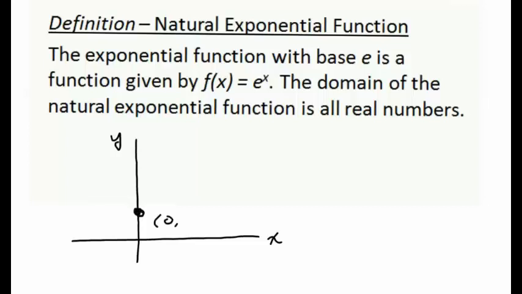So the point (0, 1) is always going to be on the curve e to the x, and it's going to increase as we move right, just like our usual exponential functions, and it's going to decrease as we move to the left and get closer and closer to the horizontal asymptote of y equals 0.